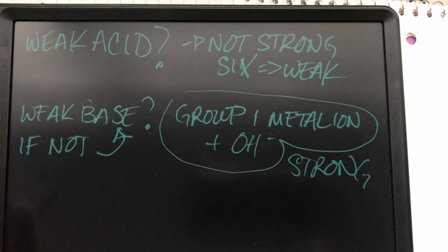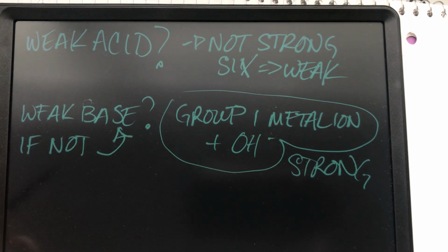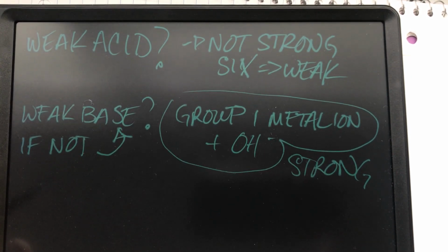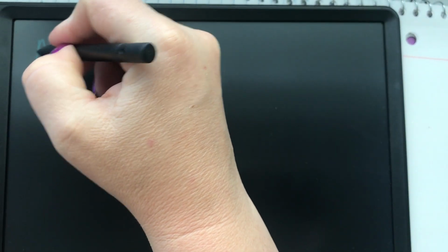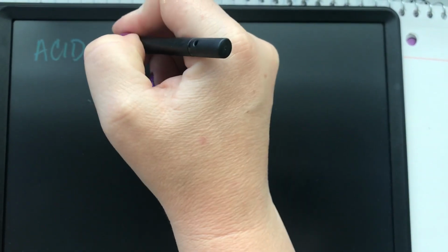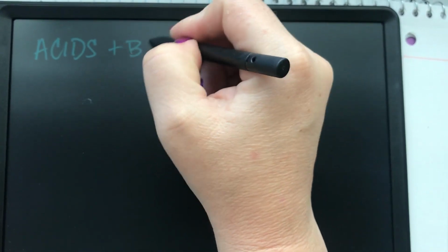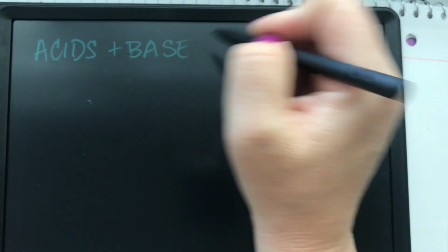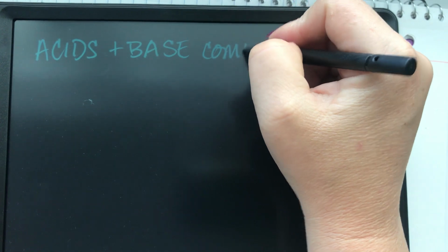So the next thing we want to talk about is conjugate acid-base pairs. Do you guys mind if I erase this stuff? All right. Acids and bases come in pairs.